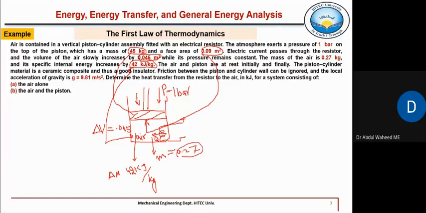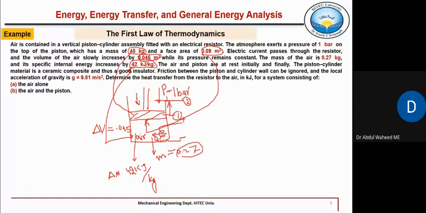The air and piston are at rest initially and finally. So the piston starts its movement from some initial state 1 and goes to some final state 2. It was at rest at state 1, and it will again stop at state 2. During this, there is movement of the piston, and this change in volume is given as 0.045 meter cubed.